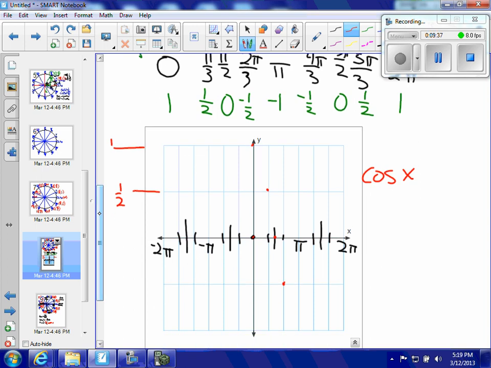And pi, it's equal to negative 1. 4 pi over 3, it's equal to negative 1/2. 3 pi over 2, it's equal to 0. 5 pi over 3 is equal to a half, and 2 pi is equal to 1 again.